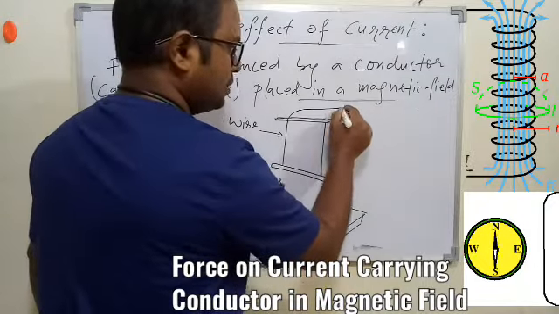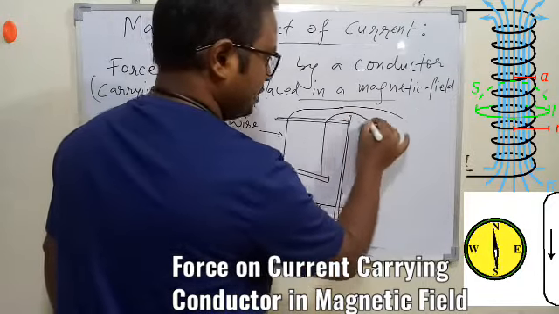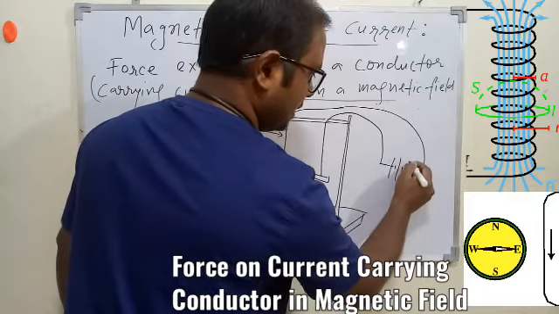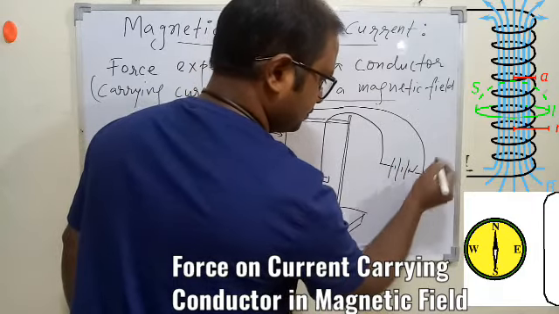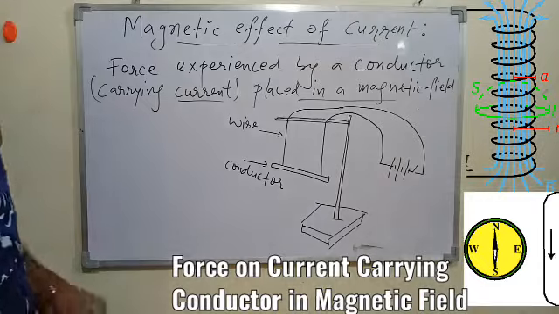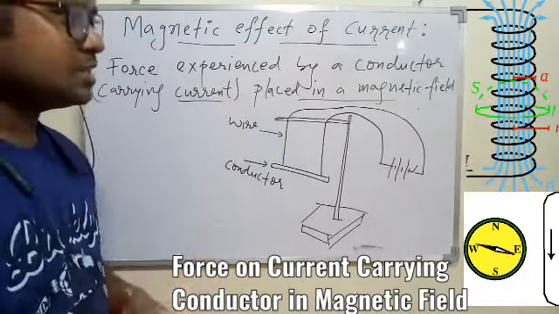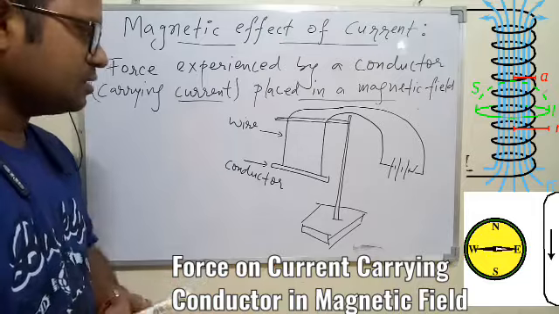So I'm making the diagram here. These two wires are basically the part of a circuit with power supply and a switch. Okay, so I hope the setup is clear. We need to do the setup in the lab, but this is just to understand the concept here.